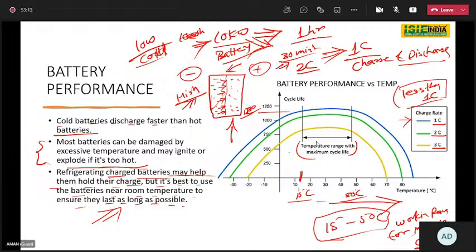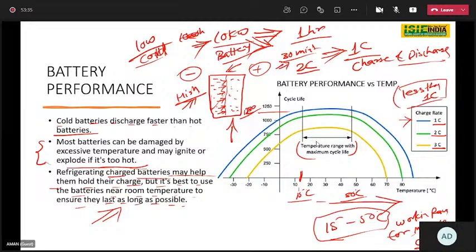So it is also important what charge or discharge rate you are working at. You cannot every time go for fast charging, or use your vehicle, your system, at a very maximum range where you are accelerating and drawing maximum charge from the battery.